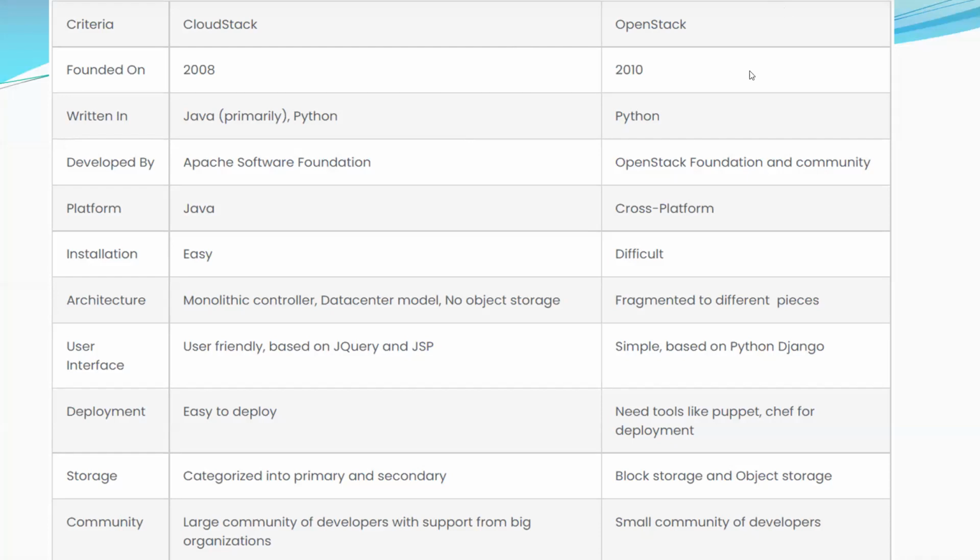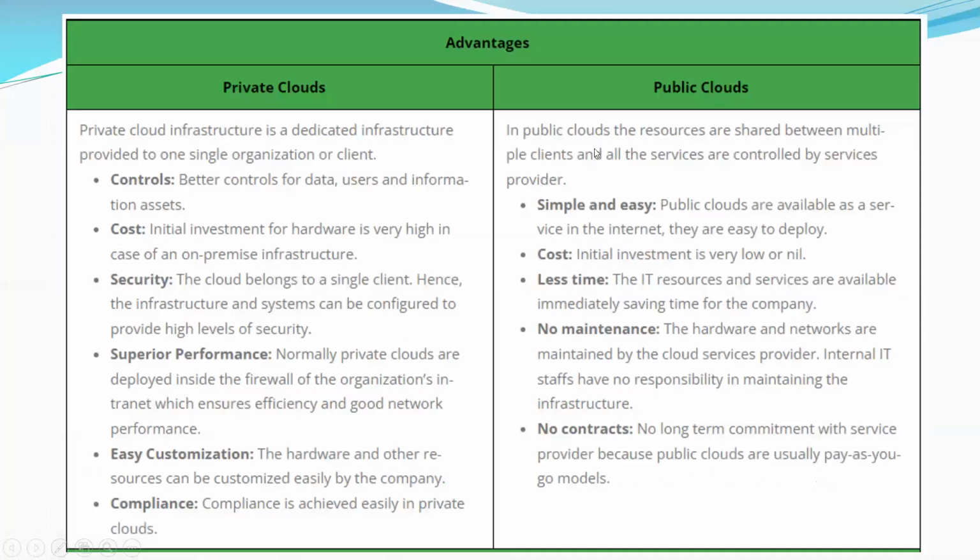Okay, so coming to the next bit, the last bit of the chapter, which is the financial and technological implications.